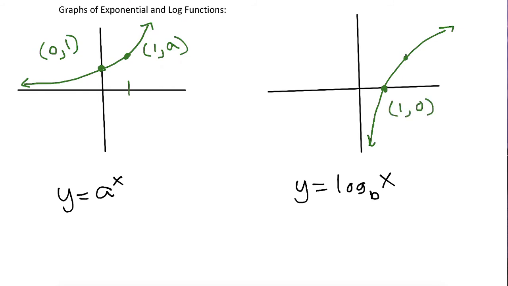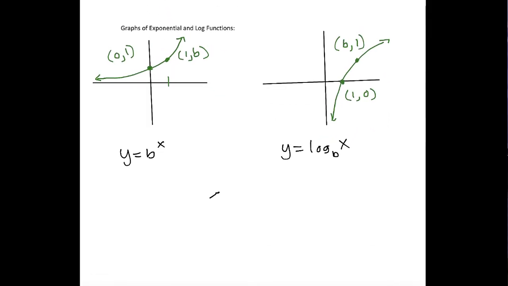And there's a point up here that's b comma 1. Let me put the same letter in here for you. So you can see that those are inverses.